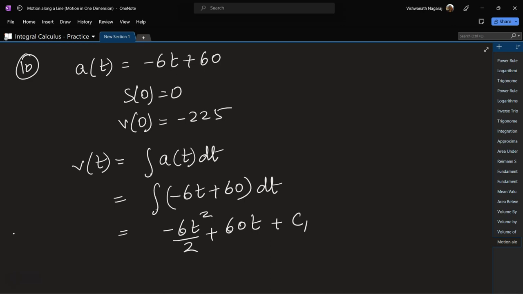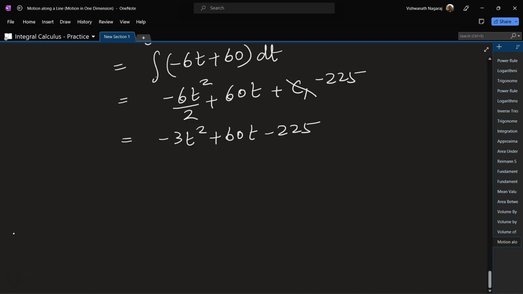Okay, now V of 0 is minus 225. So this is going to become minus 225. Therefore V of t will be minus 3t square plus 60t minus 225. Okay.